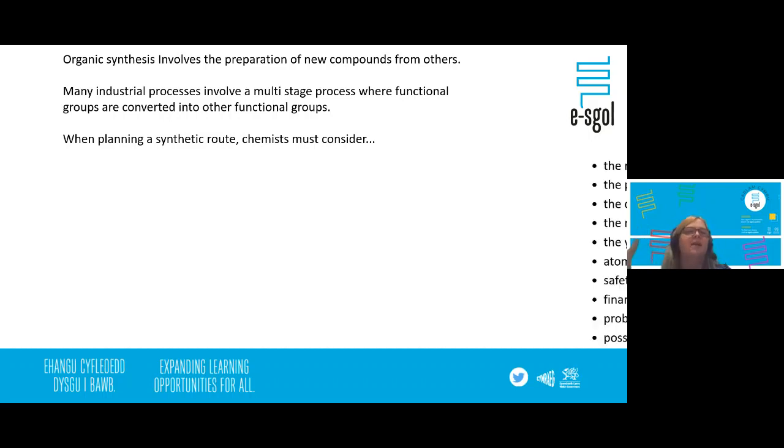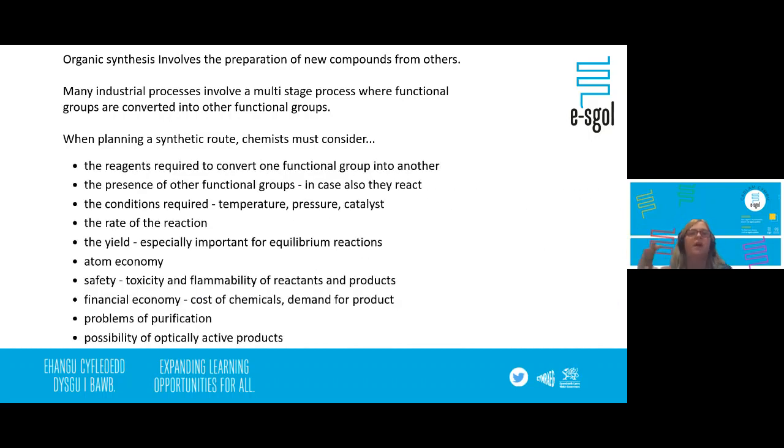But it's things like, what are the reagents required to convert from one functional group into another? What is that reagent? Is there the presence of any other functional groups in case they also react and you don't want them to react? What conditions are needed? Temperature, pressure, catalyst. That kind of drags in the Le Chatelier principle then, and equilibria, of course. Rates.